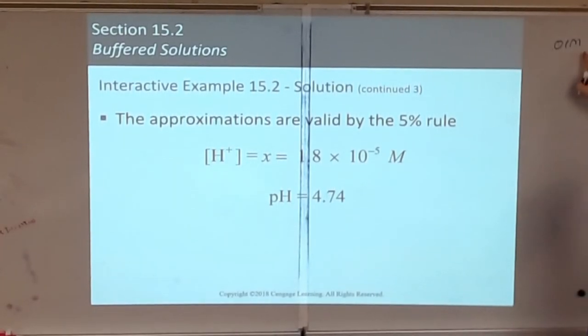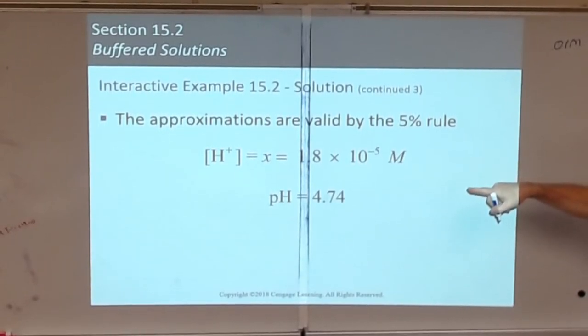Without a buffer, pure water that starts out at 7 would go down to 2. But I had a buffer, and my pH basically stayed the same. This is what buffers do for us. I mean, that's a lot, right? pH 2, if I added that.